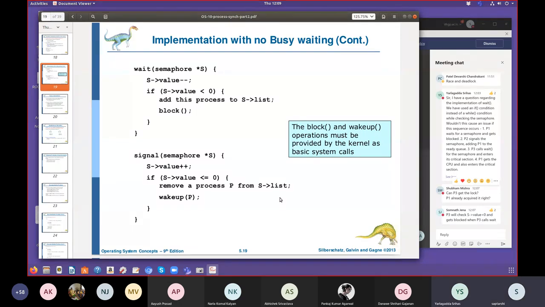So I think every time P1 tries to enter the critical section, it will check the value of S and call wait and so on. Okay, so inside the P1 process, we're running wait in a loop. Is that the expectation? That's up to you. The semaphore cannot define how the process will use wait in a while loop or not.